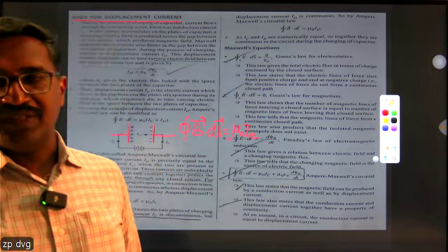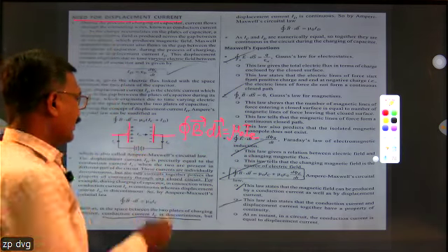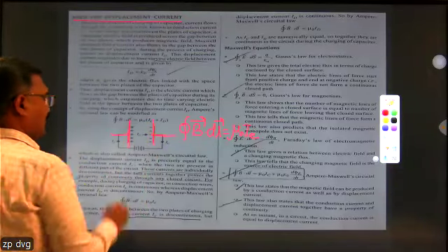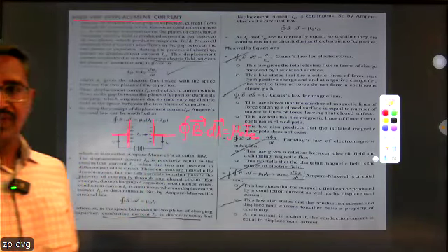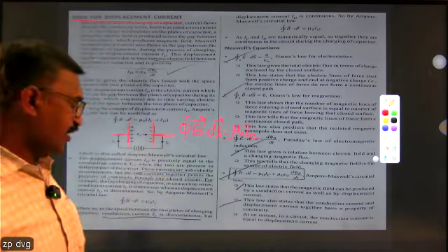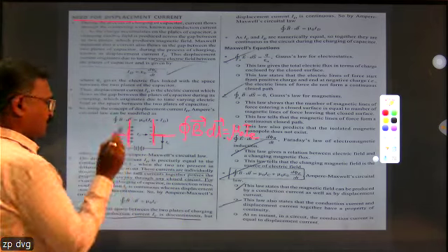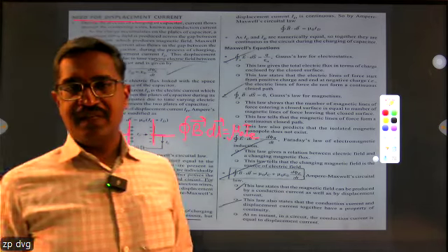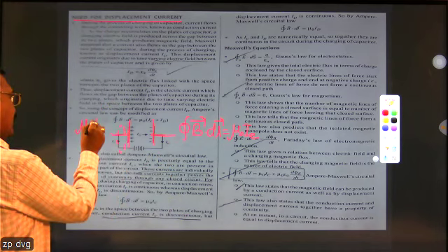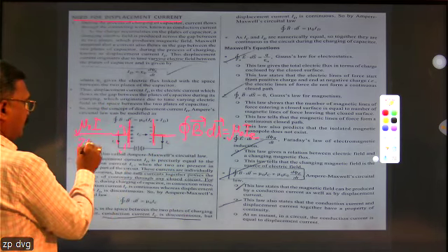But when Maxwell was trying to find the magnetic field around a capacitor plate which was charged by time varying electric current, he found some inconsistency in Ampere's circuit law. When he uses a circular Amperian loop, he got the value mu naught I by 2 pi r.